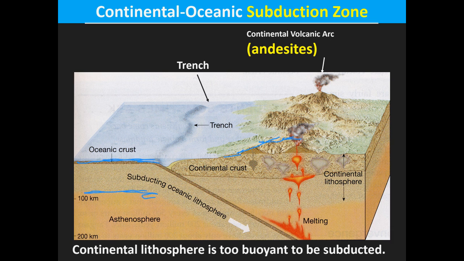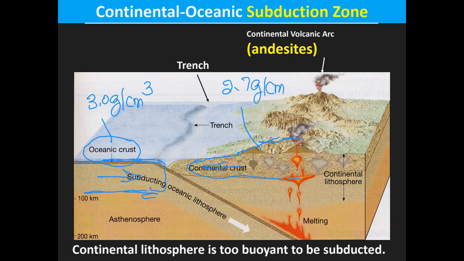When these two plates collide, one of them has to go down. Which one goes down? Well, it turns out that the oceanic crust is denser. The density of the oceanic crust is about 3.0 grams per cubic centimeter, but the continental crust is about 2.7 grams per cubic centimeter. So which one goes down? Of course, the one that is denser. In this case, the oceanic crust will go down like this.